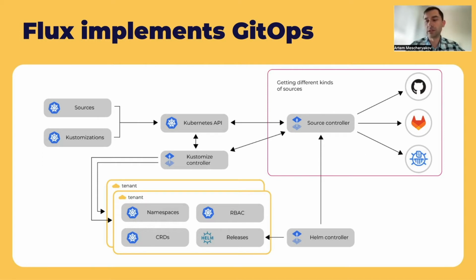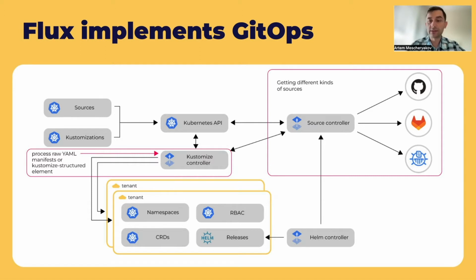You can go as a generic Git, or go into specific GitHub, GitLab, Bitbucket configurations. Source controller is also responsible for Helm sources like Helm charts and Helm repositories, and it can pull them from S3 buckets as well.